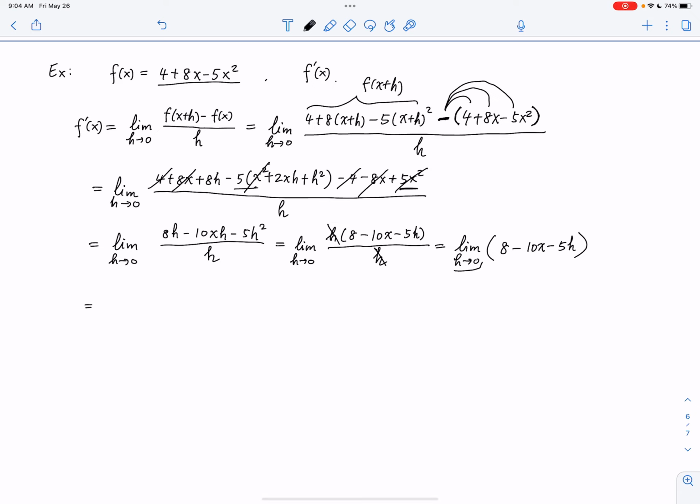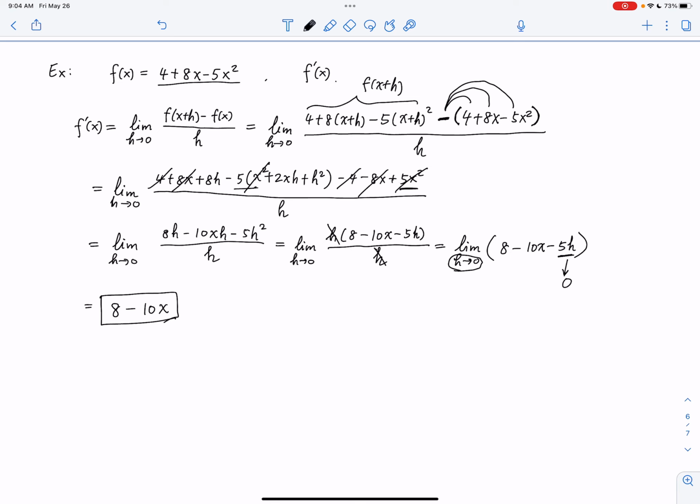So 5h will go to 0 because h goes to 0; 5 times that will still be 0. So you just get 8 minus 10x. This is the derivative of the function for any x input. That one is like that.